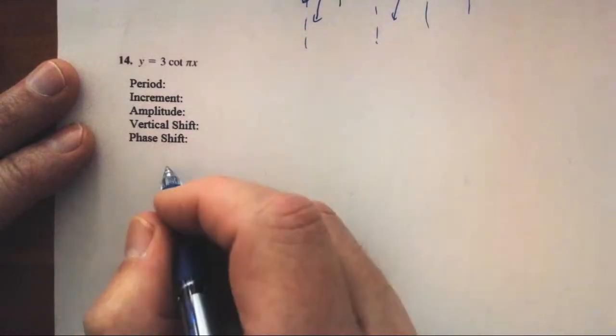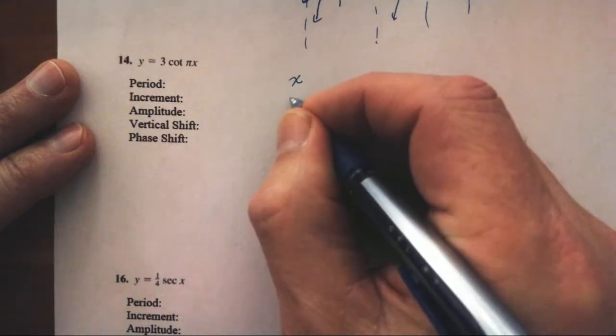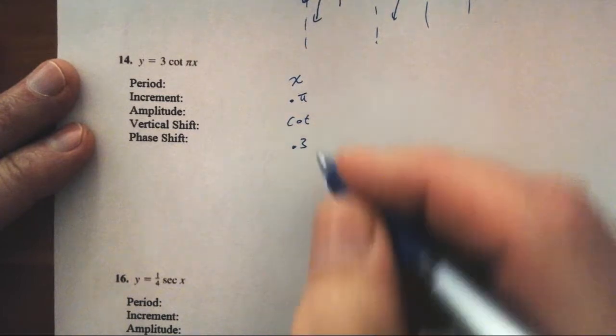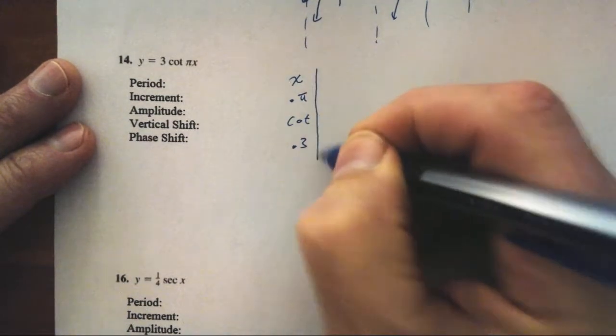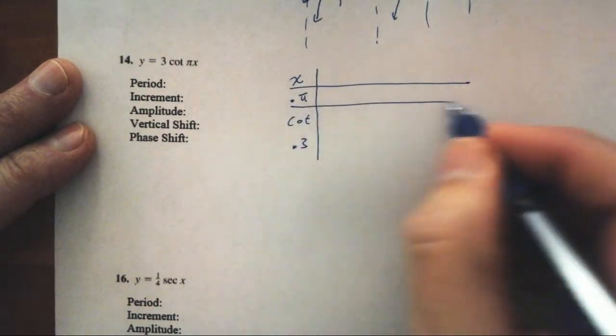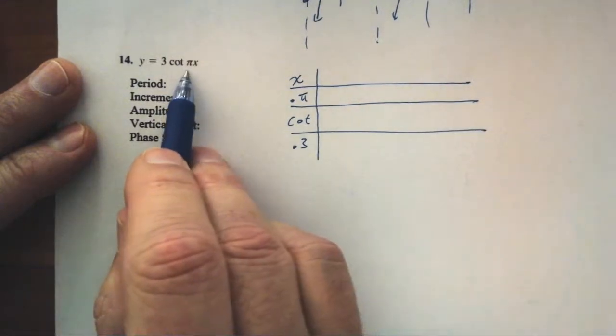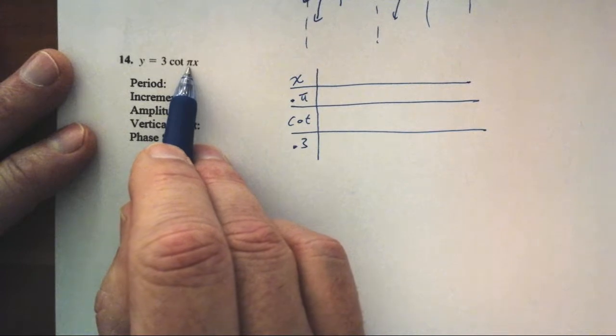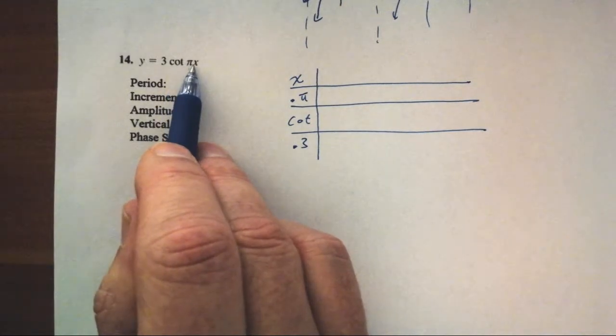All right, cotangent. So I'm going to go ahead and stamp this thing. We're going to choose a value for x, multiply by pi, take cotangent, and multiply by 3. And perhaps we could do this one conceptually as well. Everything happens pi times as fast. The normal period for cotangent is pi.